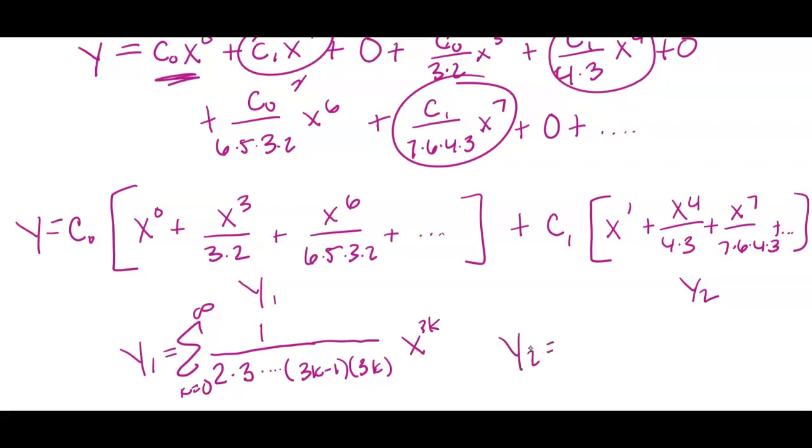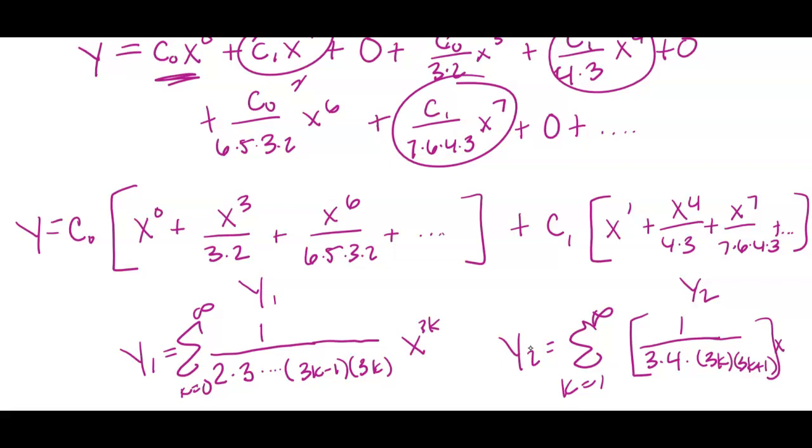And then y2 ends up being, starting at 1 over 3 times 4 times, and then we do something like 3k plus 1. And those patterns are really kind of yucky for you to try to figure out, and this goes to 3k plus 1.